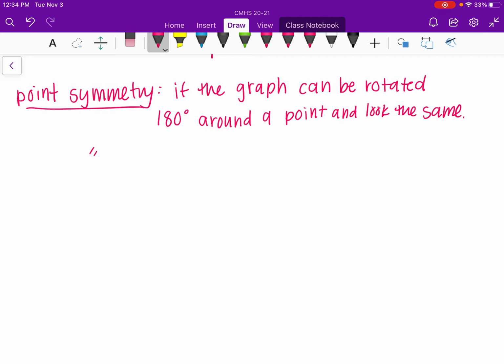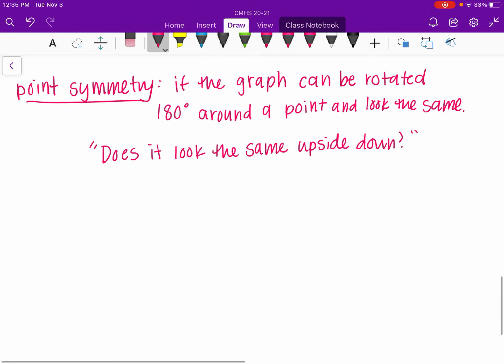So here's the question. Does it look the same upside down? So you have line symmetry, which is folded in half. Point symmetry, flip it upside down.